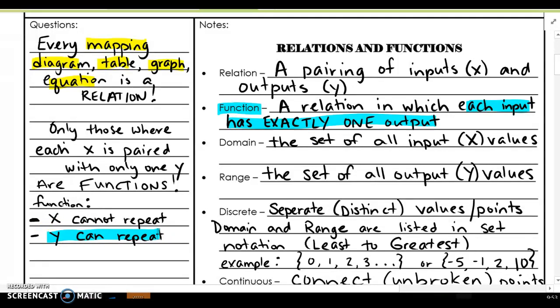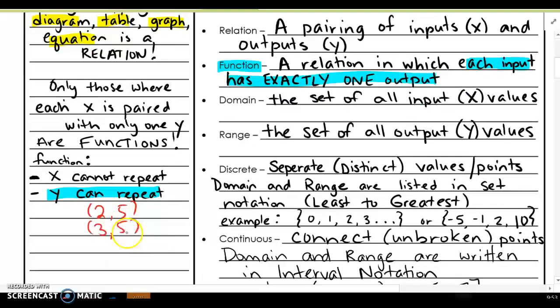So, for example, the input 2 could be paired with the output 5, and the input 3 could be paired with the output 5. And if those 2 points are part of the relation, that's okay. It would still be a function.